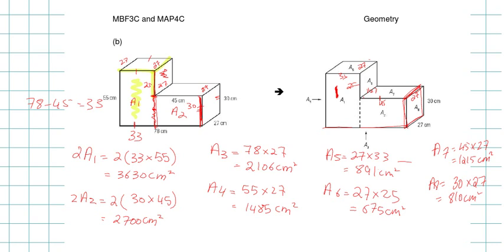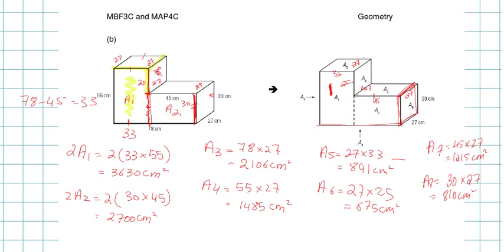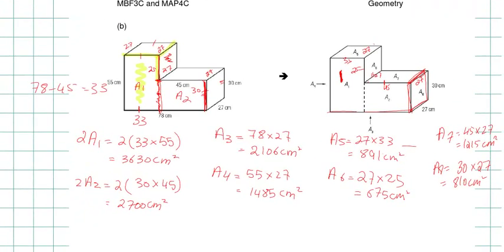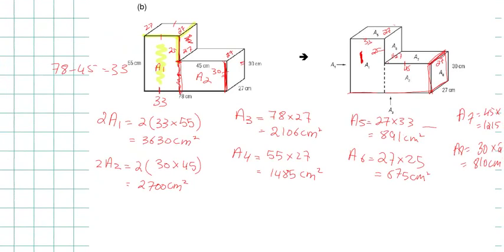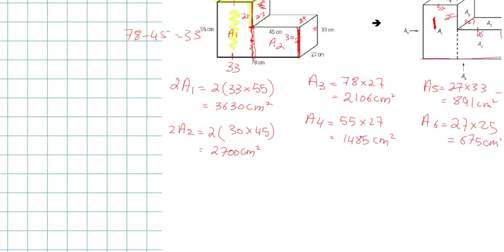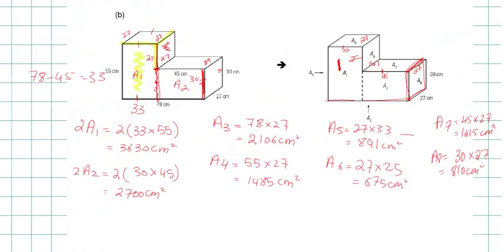And then to find your final answer, you're going to have to add all of these up. Let me just review something here with you guys. For this one, I have the front and I have the back.